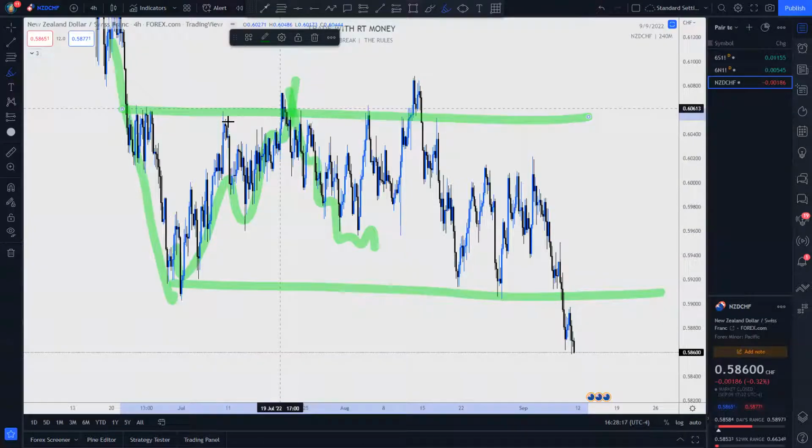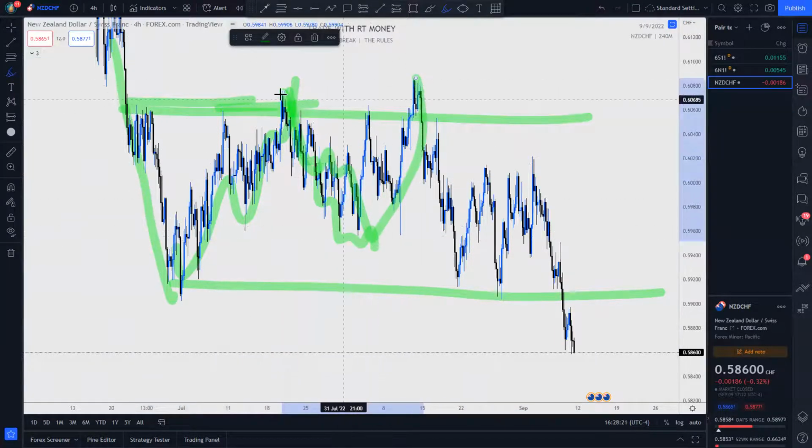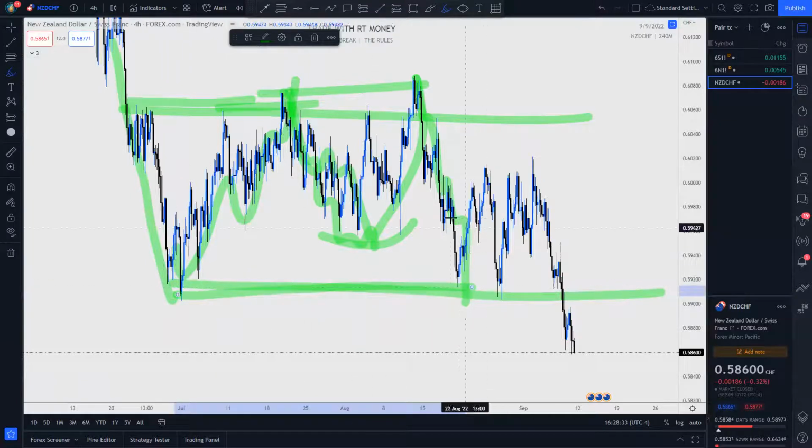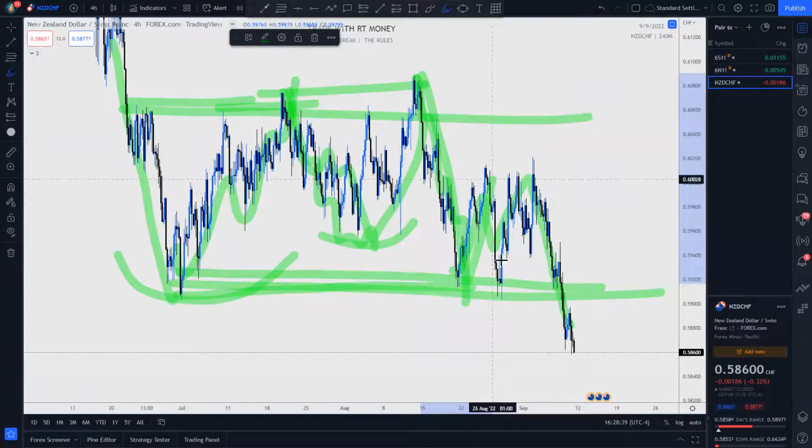Price takes the range, sweeps the high, dips back in, sweeps the next high, dips back in. But this time it takes out these lows, the internal lows, an internal break of market structure on the inside, and it takes the swing low eventually. And that is very bearish price action.